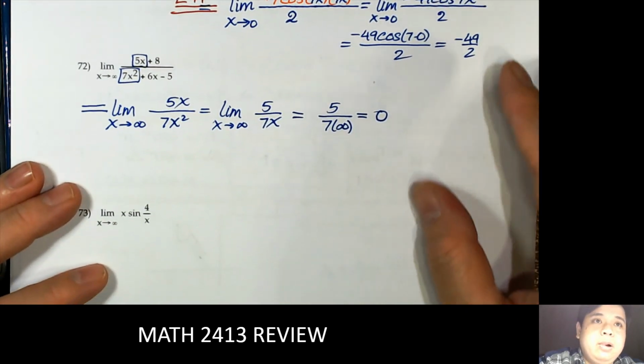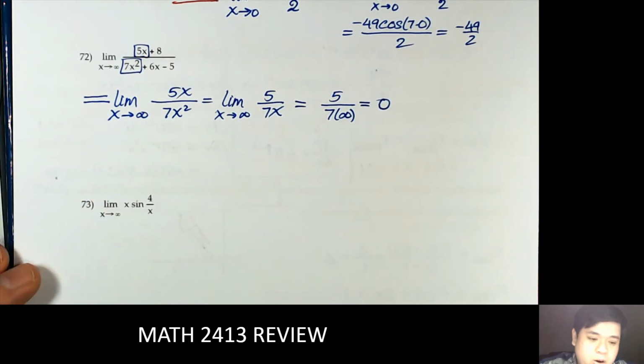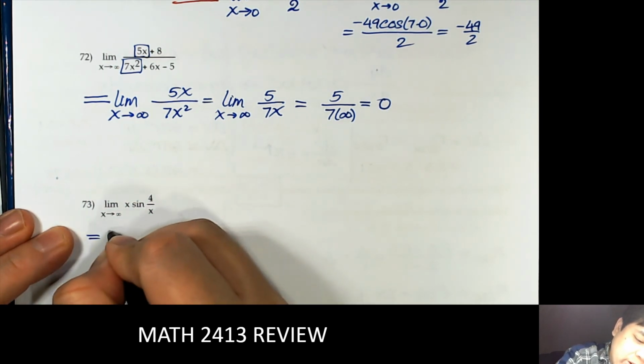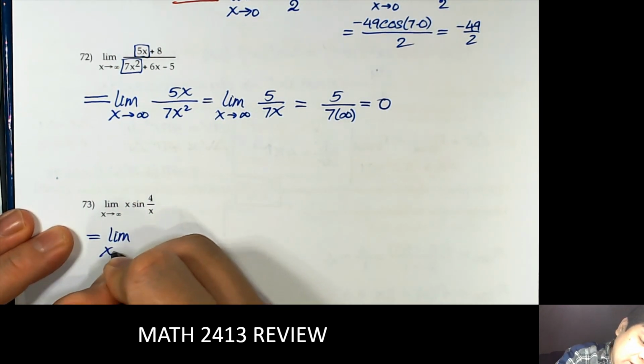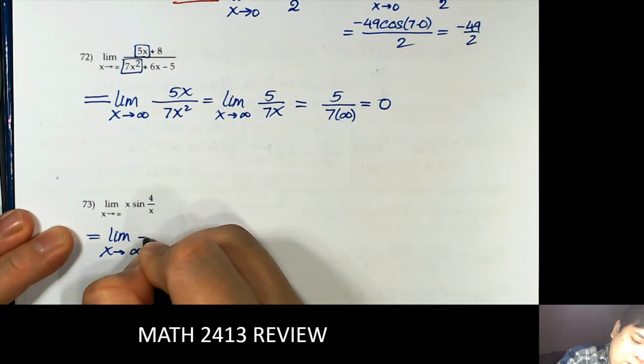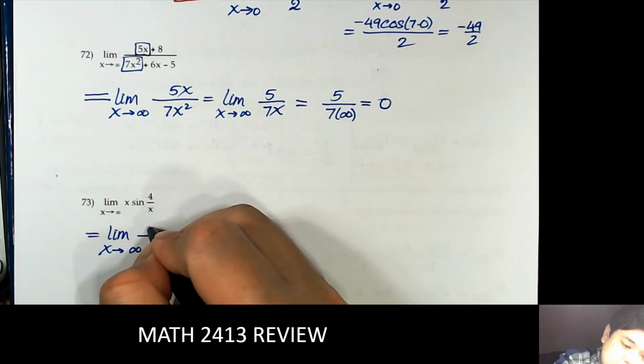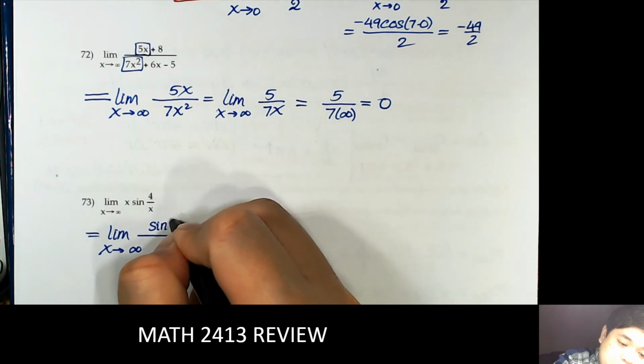Right. Last problem on this review. Remember, the L'Hopital rule only applies if we have a fraction. So we're going to make a fraction out of this. The sine, we won't be able to do anything there.